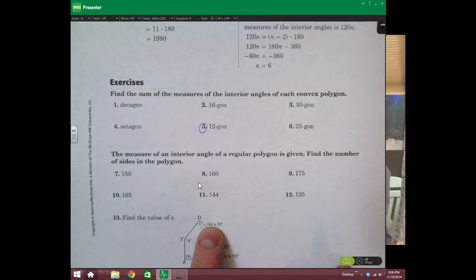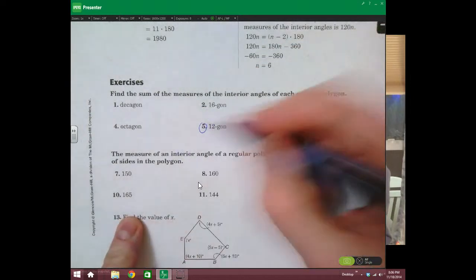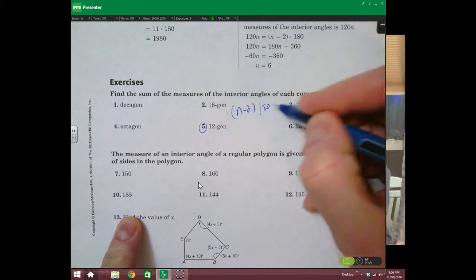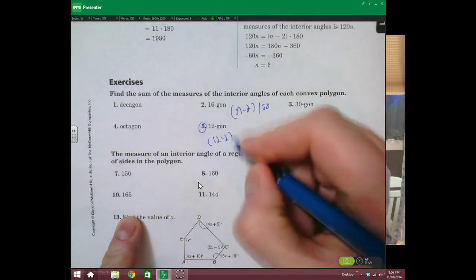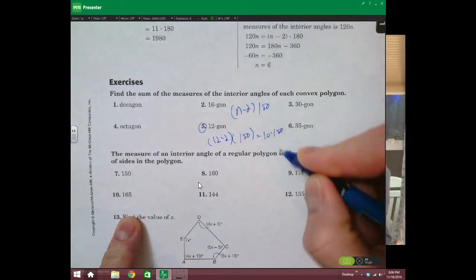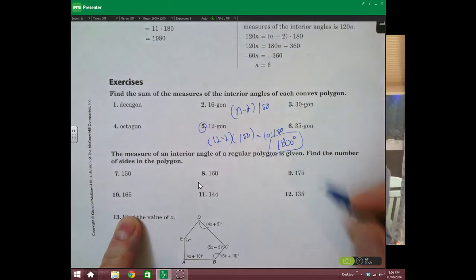Since it's the sum of the measures, we use that n minus 2 times 180 formula. There are 12 sides, so 12 minus 2 times 180 is 10 times 180, which is 1800 degrees. So all 12 angles together would be 1800 degrees.